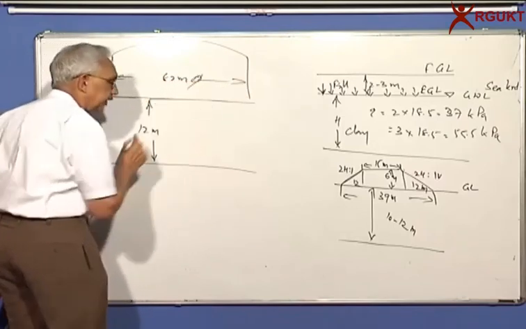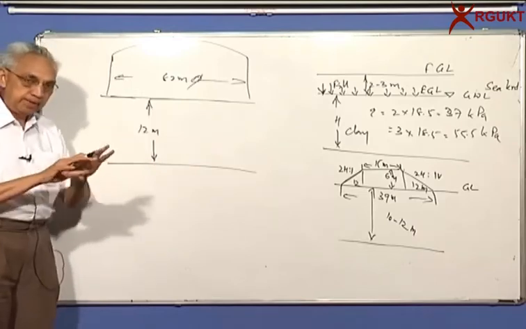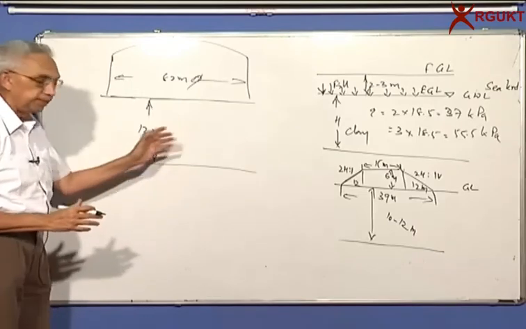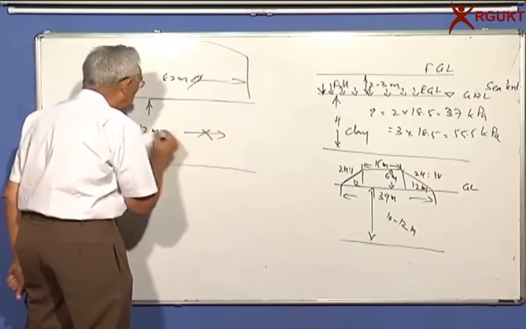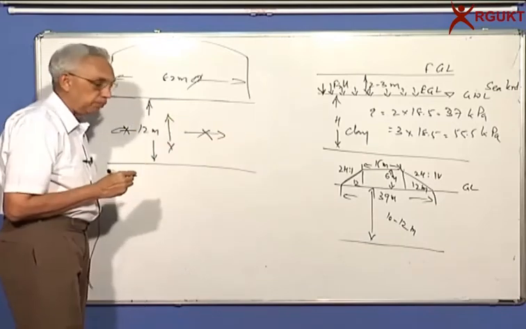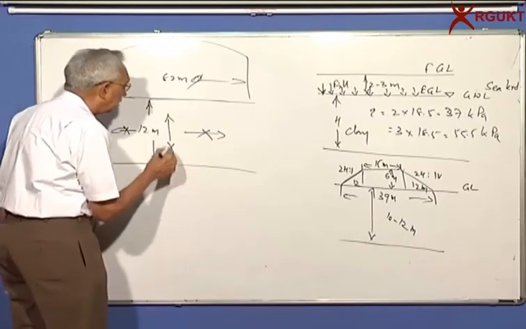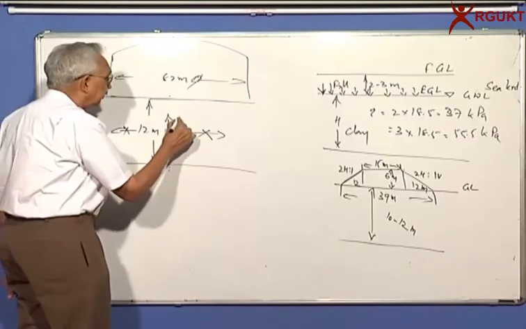You can again see that the loaded area is much wider than the thickness of the layer, in which case there can be no flow laterally, and whatever dissipation has to take place will take place to the bottom and the top, or if the bottom is impervious, only to the top.